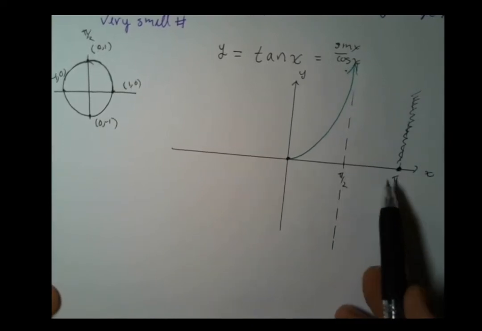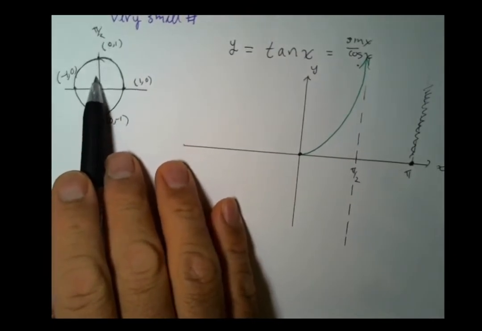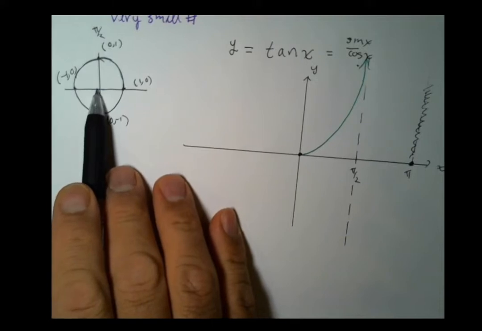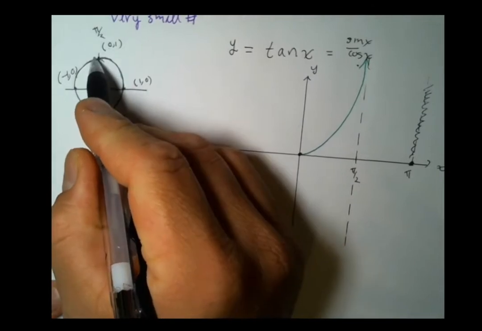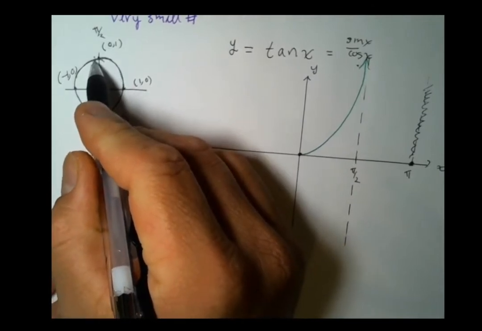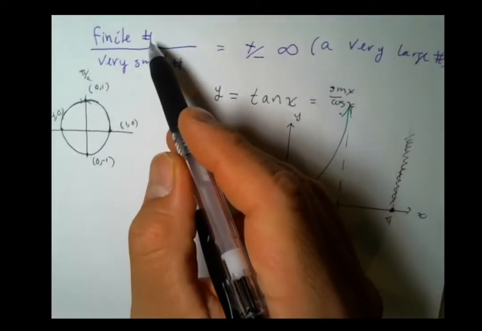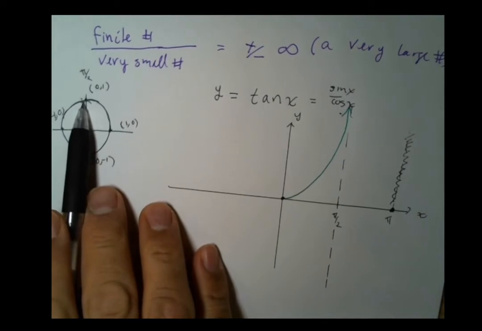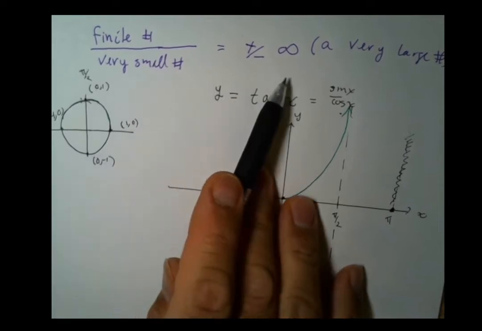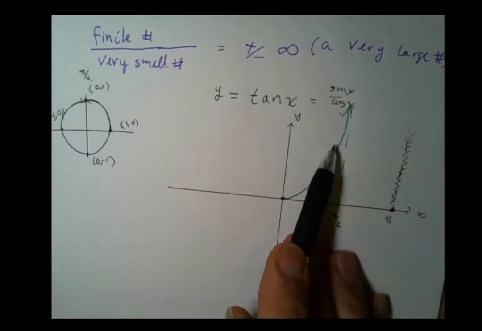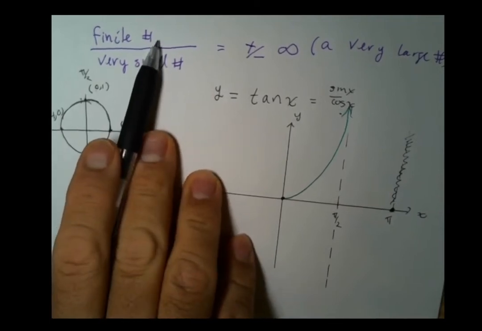But what happens in between here? Once we're past pi over 2, the values here along the x are very, very small, but also negative. That's the one difference when I jump from pi over 2 on the left side. The values are very small, but negative. And what do we have here? The sine value is also near 1, a finite number, but this very small number makes this grow without bound. But in this case, it's not going to go up to positive infinity, because the values on the bottom are negative and the values on the top are positive.